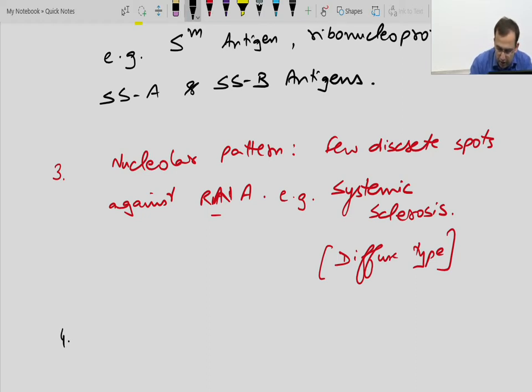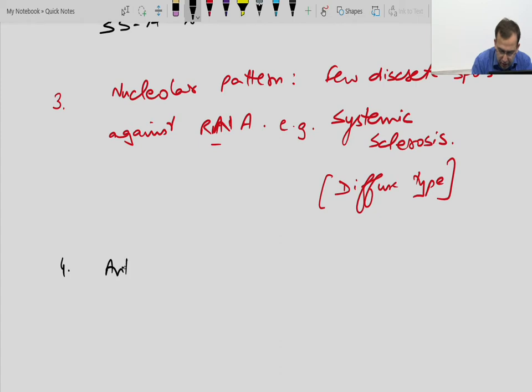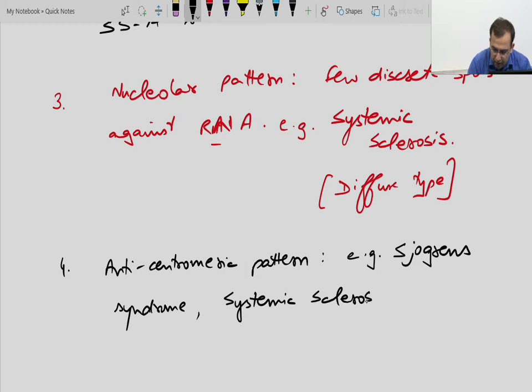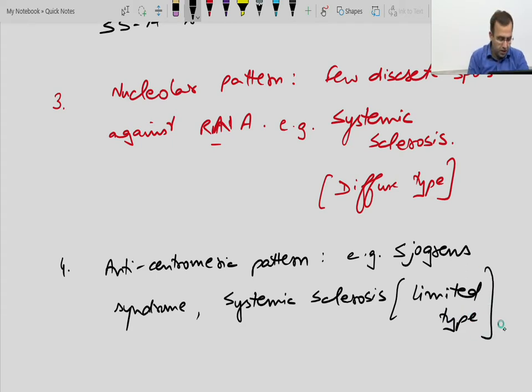Whereas the last pattern is the anti-centromere pattern, which has antibodies against centromeres, seen in Sjogren's syndrome and systemic sclerosis, limited type.